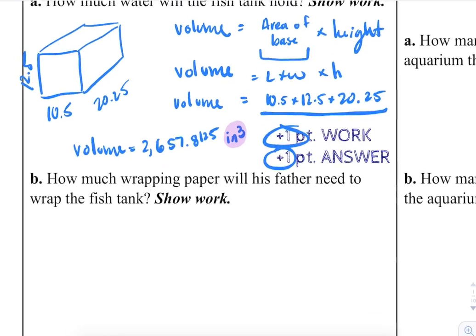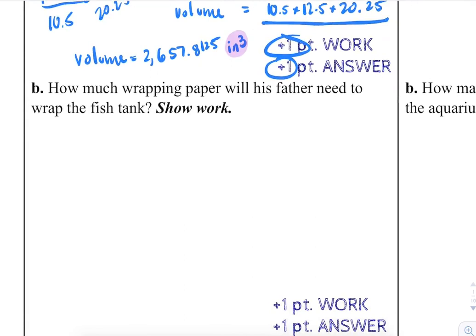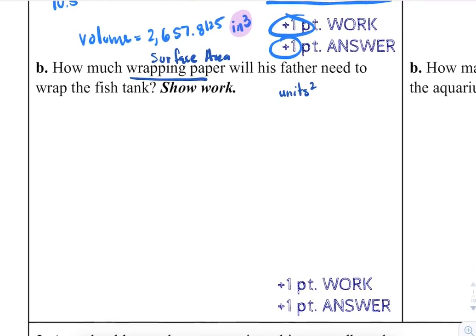Okay. So the second one says how much wrapping paper, and wrapping paper specifically talks about surface area. Anything with area, whether it be surface area, lateral surface area, any area, should always be units squared. So if you look in your notes, I believe it's on page 16.